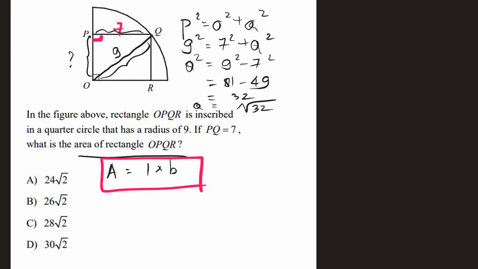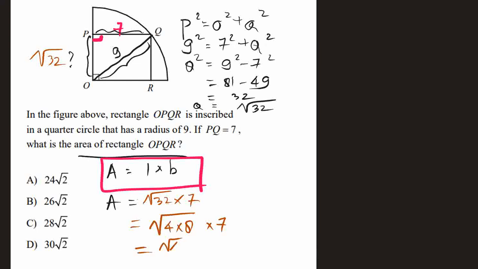And the area is length times breadth, so the square root of 32 times 7. We can break 32 into 4 times 8. The reason I take 4 is because we can take the square root of 4. So the square root of 4 is 2.